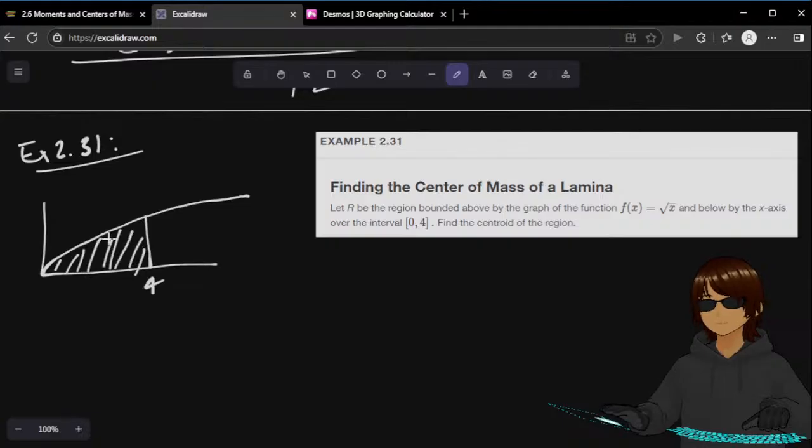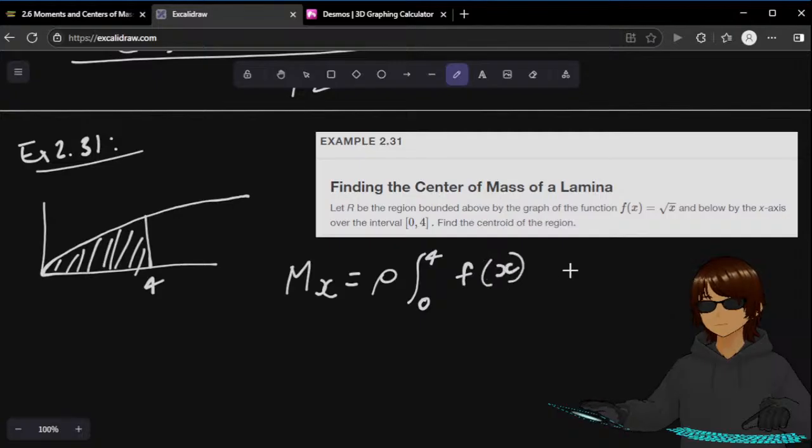So if we divide it into rectangles and find the distance with respect to the x-axis, we get something like rho integral from 0 to 4 of root x squared, f of x dx, and rho, that's the area of the rectangle.